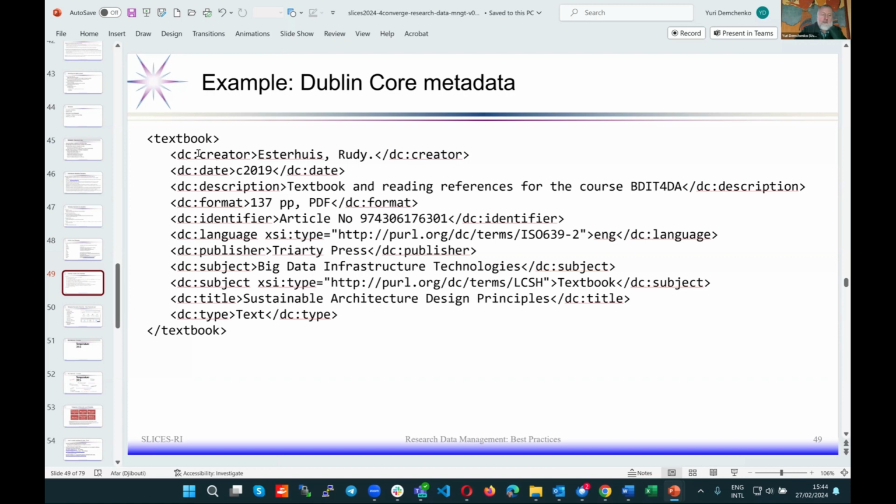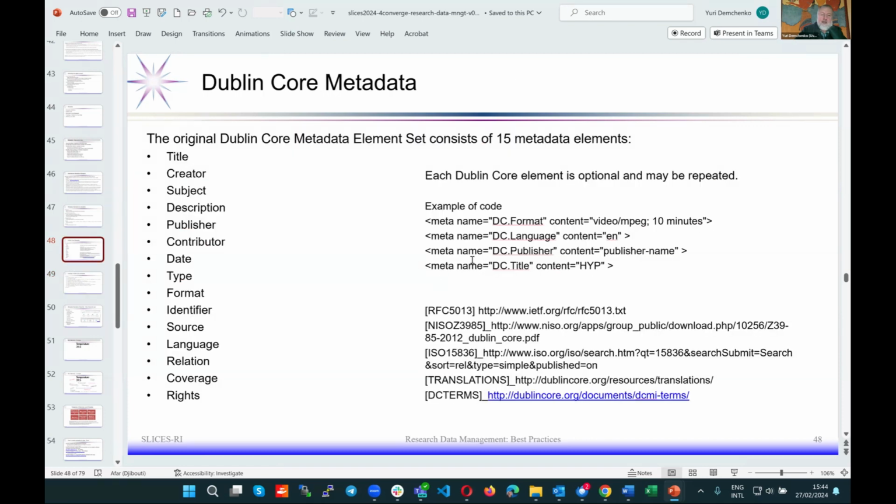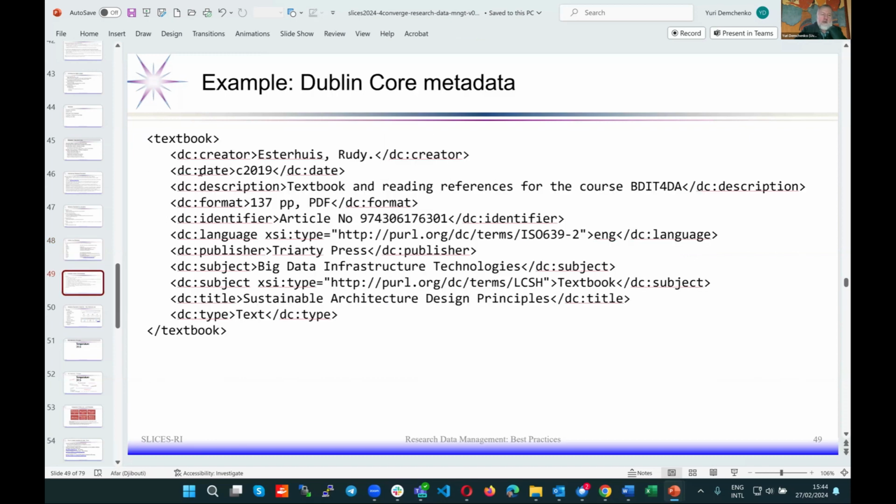This example is more correct because it is actually taken from the meta information of a website or web page, and it is a more specific XML-based structure for Dublin Core metadata.